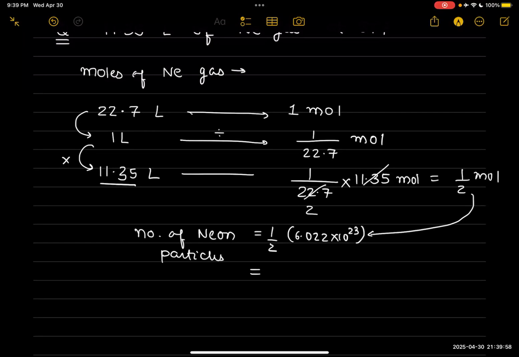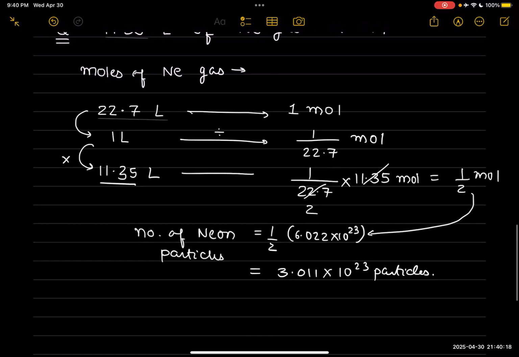So half mole will have just half of that, 3.011 into 10 to the power 23 particles. Got it? That clear? I hope this is clear to everyone. Nabila, is it clear? So can we do another question? Yes.